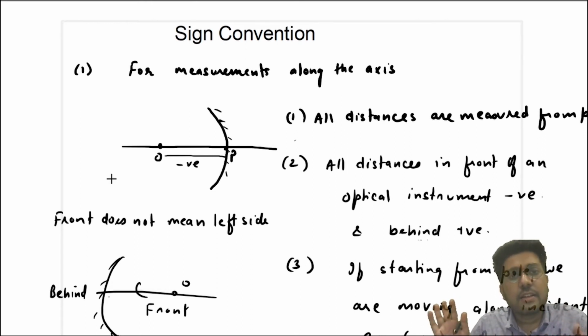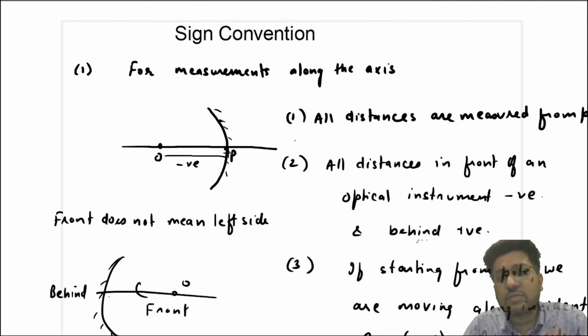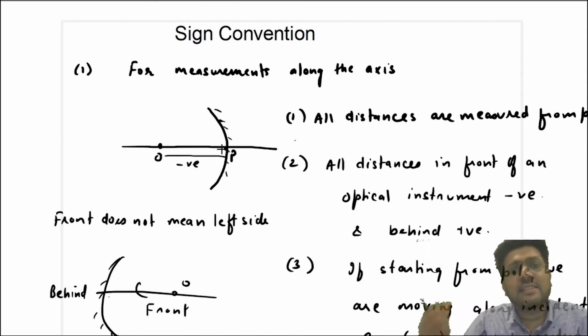That's it. There is one more way of explaining this same point. That is, you know that you have to start from the pole to measure the distance, right? So if starting from the pole, we are moving along the incident ray, then that distance will be positive. And if we are moving opposite to the incident ray, then that distance will be negative.